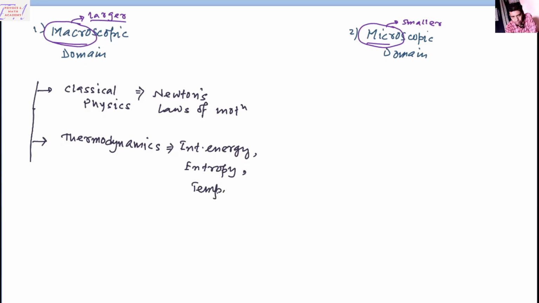Obviously, temperature is there. These are all associated with external work and its transfer. You'll see everything in detail when the chapter comes, so don't worry.